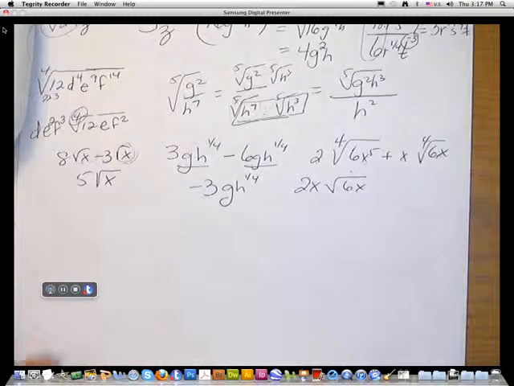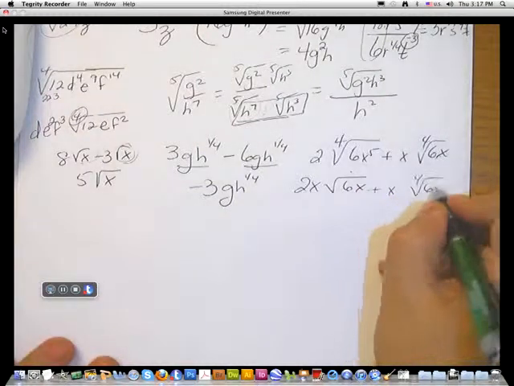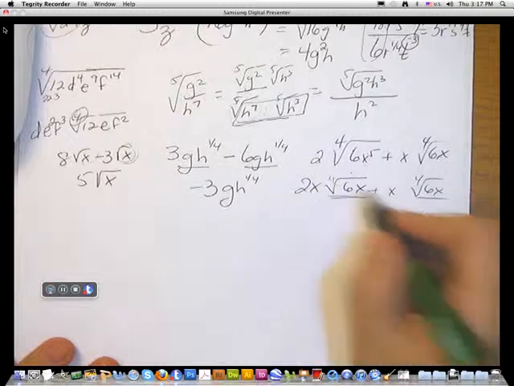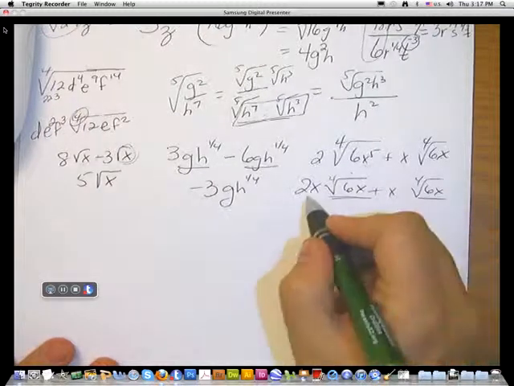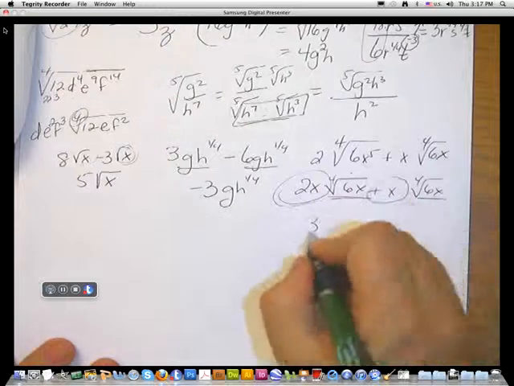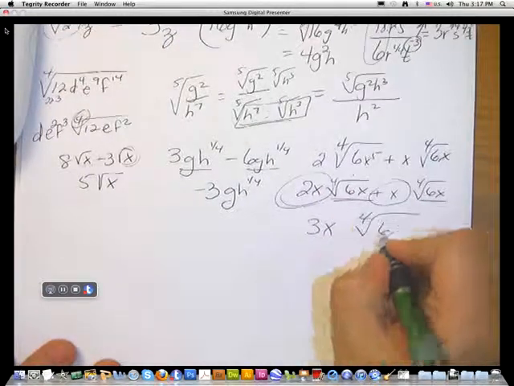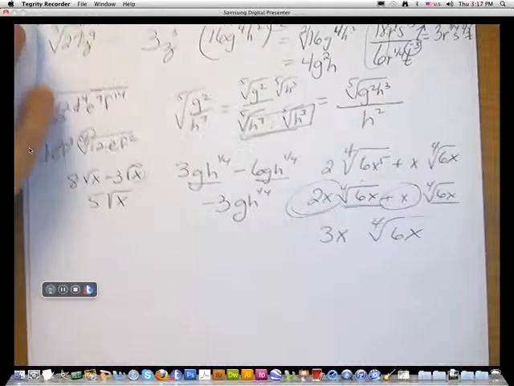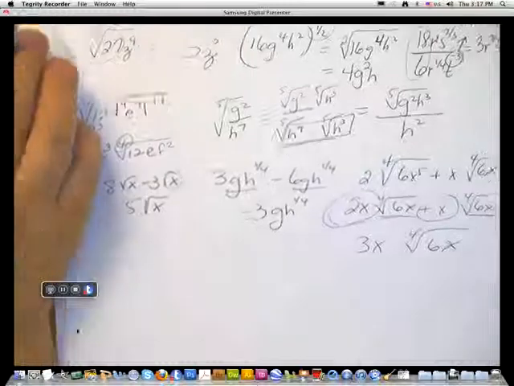There's a remainder of 1. Now, I have 2x fourth root of 6x and x fourth root of 6x, and I'm adding 2x and 1x. So a total of 3x fourth root of 6x. The best thing you do is just practice, practice, practice.